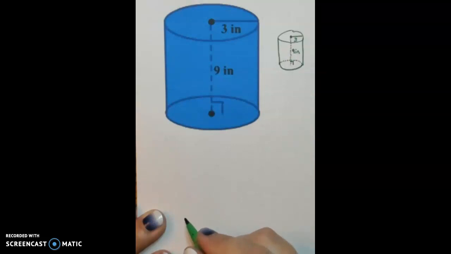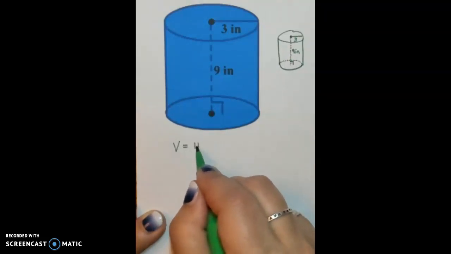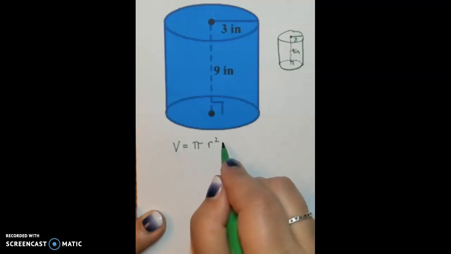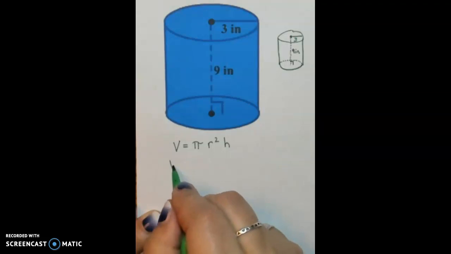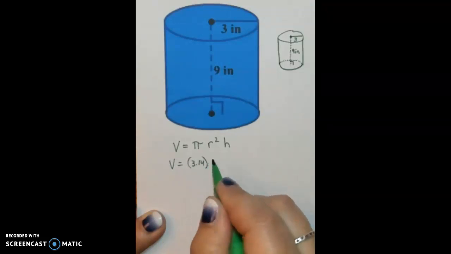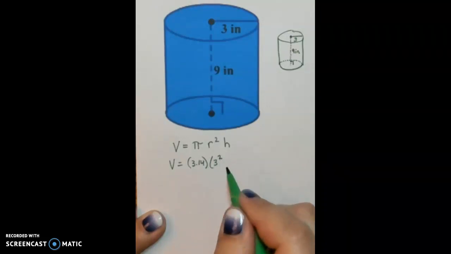So there's our dimensions. We're always going to start by writing our formula. So we just got done talking about that. Pi times radius squared times height. Okay, next I'm going to substitute in my values. We're going to be using the abbreviated version of pi. So we're going to use 3.14. Our radius is 3 squared.